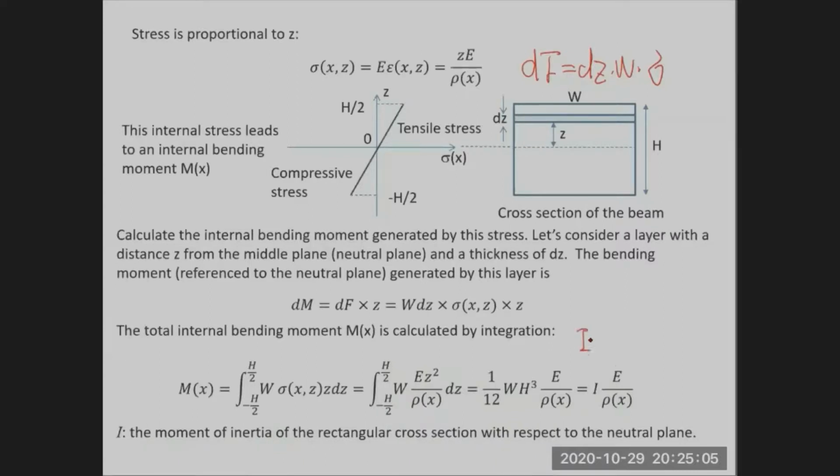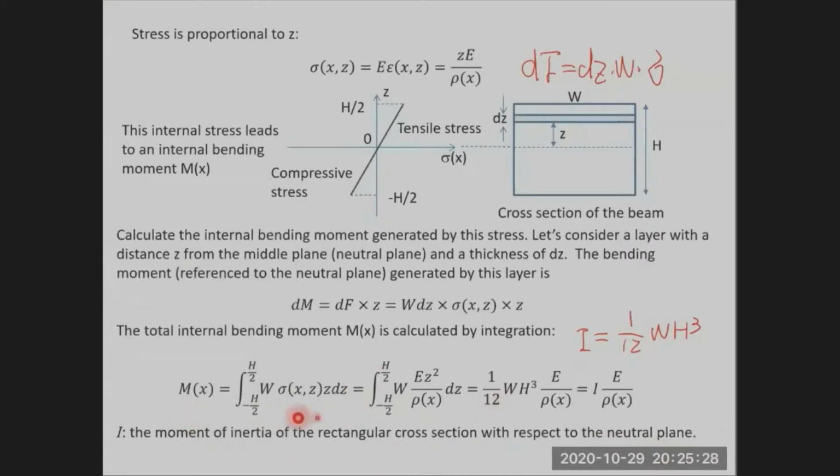So in this case, I is simply equal to 1/12 W h cubed. This is I, the moment of inertia of the rectangular cross section with respect to the neutral plane.